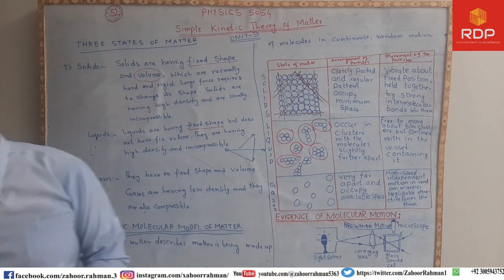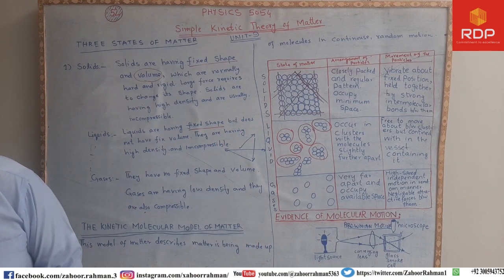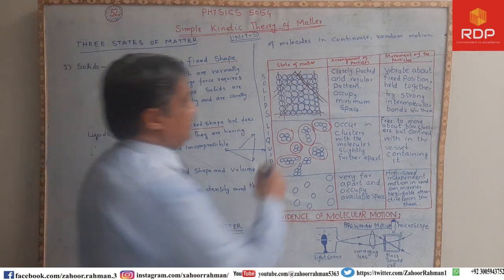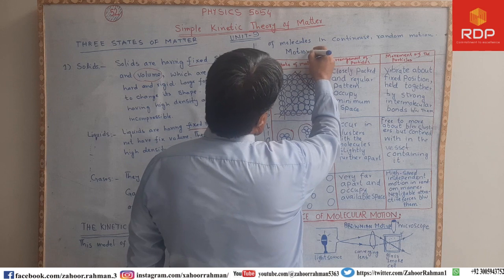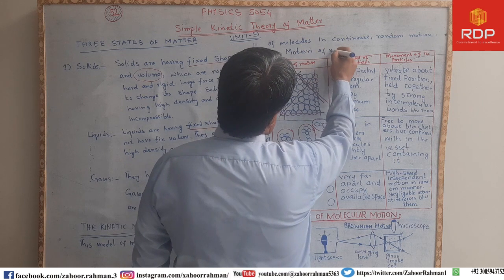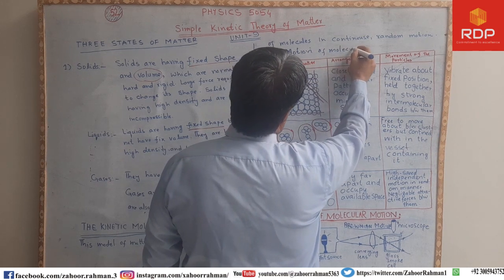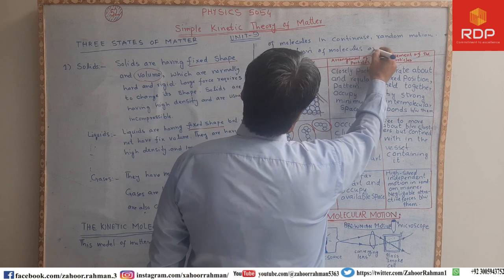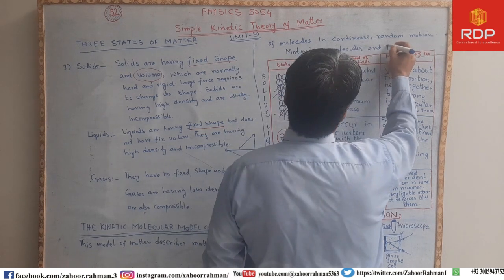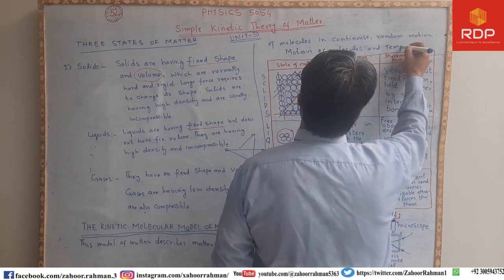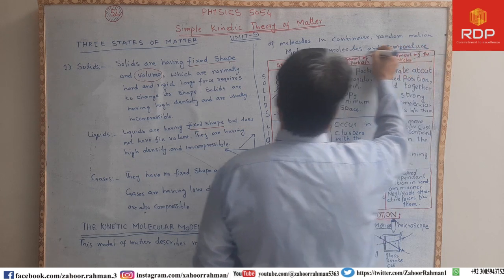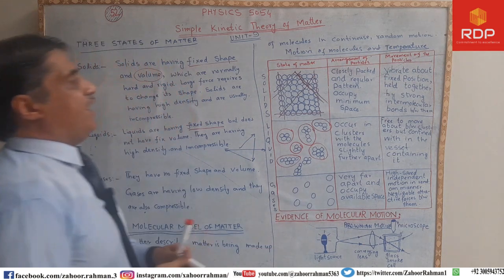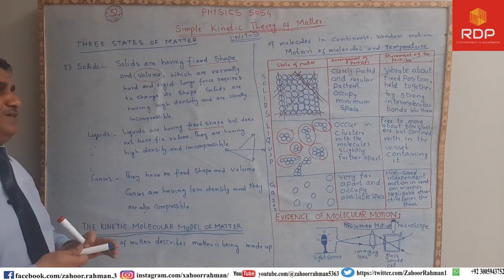The next topic we are having and we have to explain is motion of molecules and temperature. Motion of molecules and temperature means that what is the relation between motion of molecules and temperature.